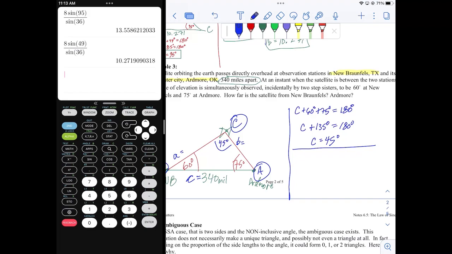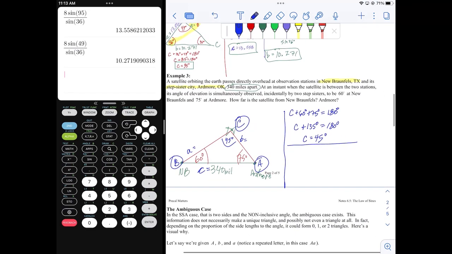Since New Braunfels is little a, we'll find a first. So I'm going to say a over sine of the angle opposite a, which is 75 degrees, equals the pivot. Who's the pivot guy? Well, we know it's C because we know the distance there. So we're going to have 340 all over sine of 45.